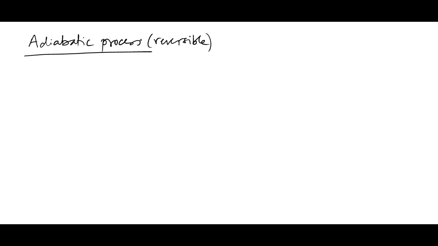We now describe some details of a particular type of process called a reversible adiabatic process. You are aware that an adiabatic process is one in which the gas or the system is not allowed to exchange heat with the surroundings. So you could just imagine that there is an adiabatic enclosure like that.